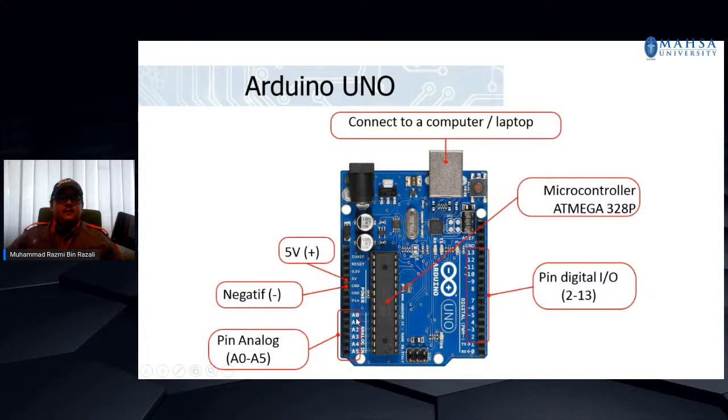Down here, from A0 until A5, are the analog pins. This processing unit, which we call the microprocessor, the chip is called Atmega 328P. This is where the microprocessor processes the signal. And from pin 2 until pin 13 here, are the digital input output pins.